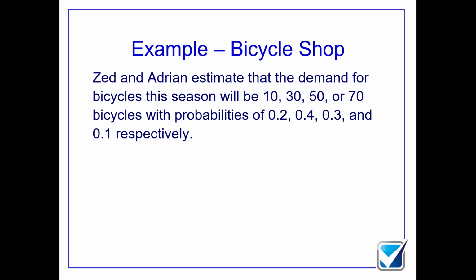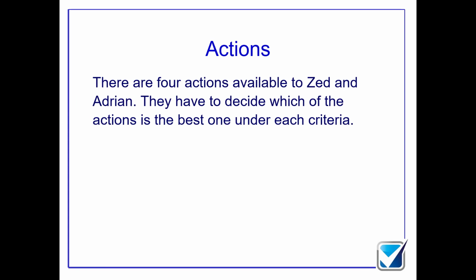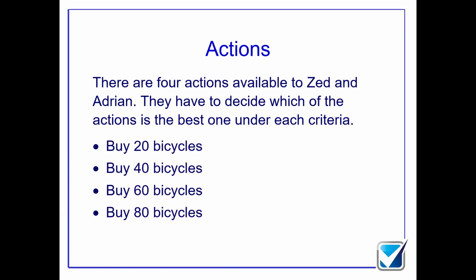Now, we need to come up with what we call actions and then also states of nature. The actions are the things that Adrian and Zed can potentially do. They can decide how many bicycles to order, so they can order 20, 40, 60 or 80 bicycles. They will then have different costs associated with them, and then we can work out the impact of these different actions based on the states of nature.